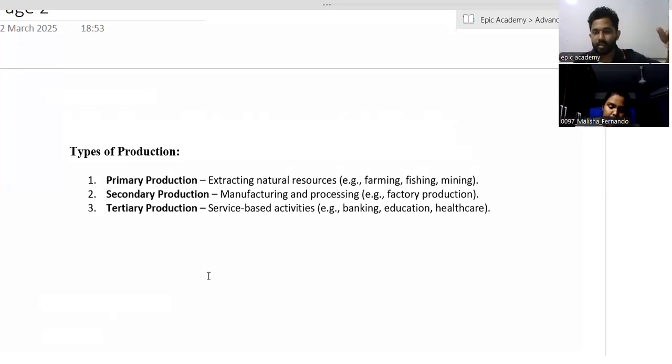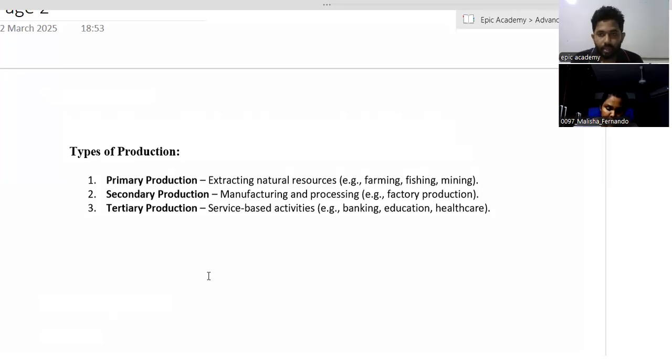But primary production is not produced under the roof. In secondary production activity, they are going to use technology, new equipment, management activities. So it is a higher level of standard compared to primary production.